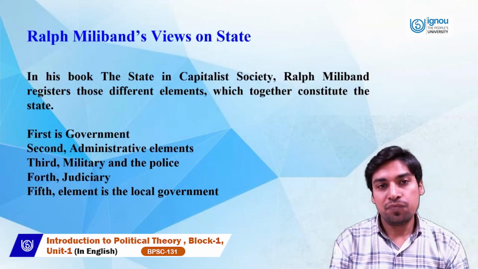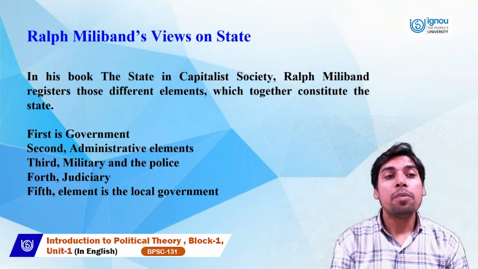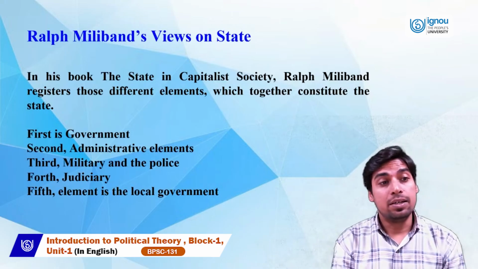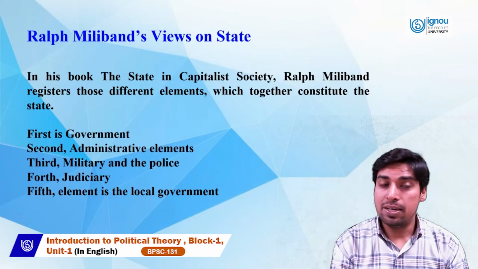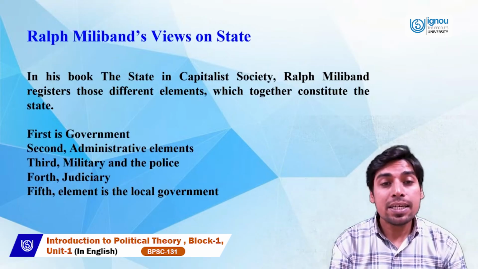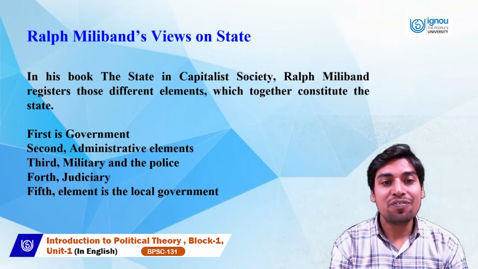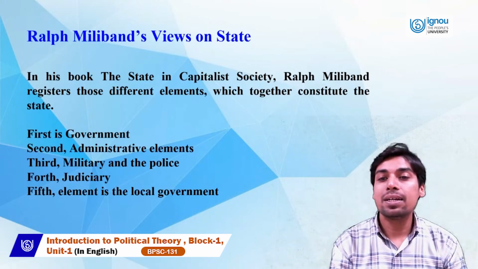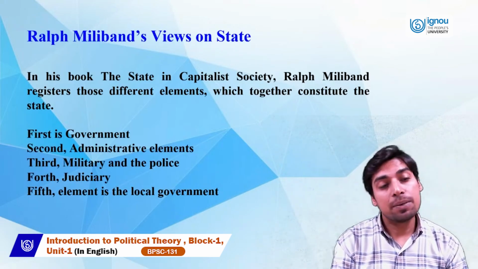Ralph Miliband's views on the state. A major important topic. In his book, The State in Capitalist Society, Ralph Miliband registered different elements which together constitute the state. Number one, first is government.